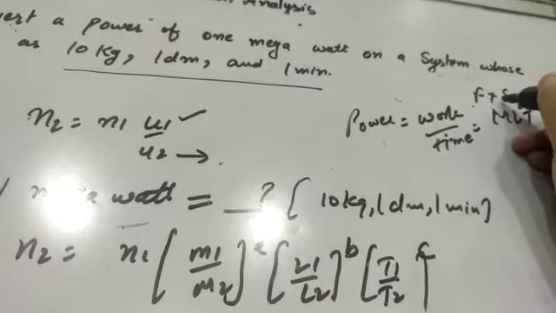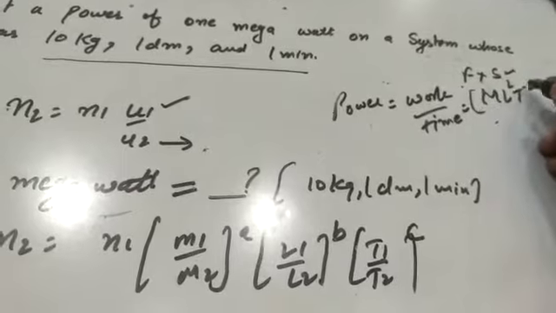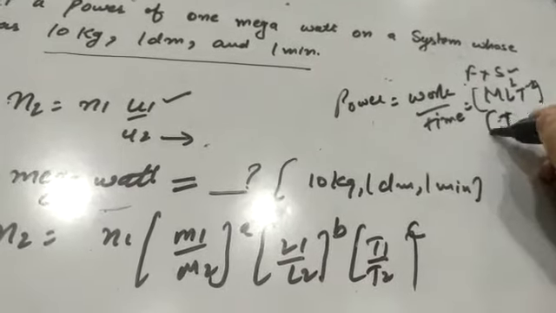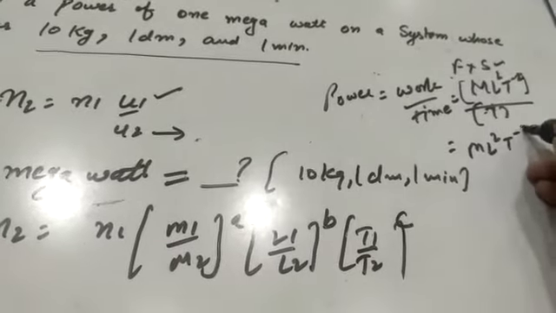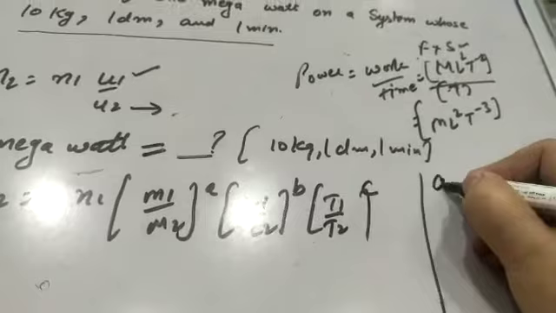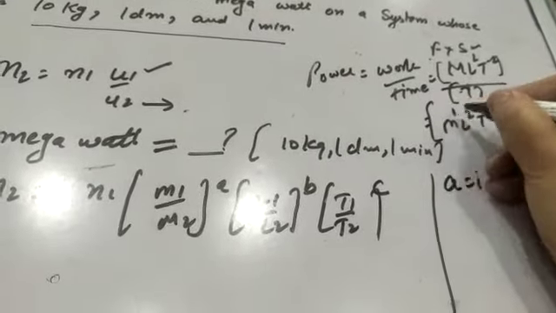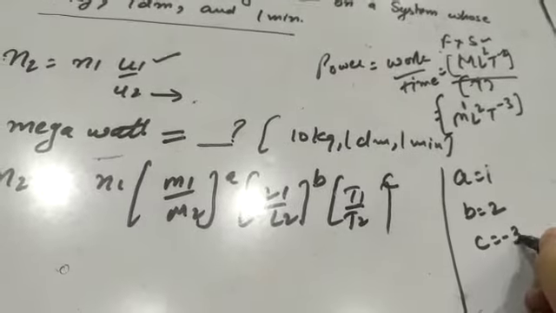Force is MLT minus 2 and L is the distance. So ML2T minus 2 upon time T comes out to be ML2T minus 3. So here A is equal to 1, B is equal to 2 and C is equal to minus 3.